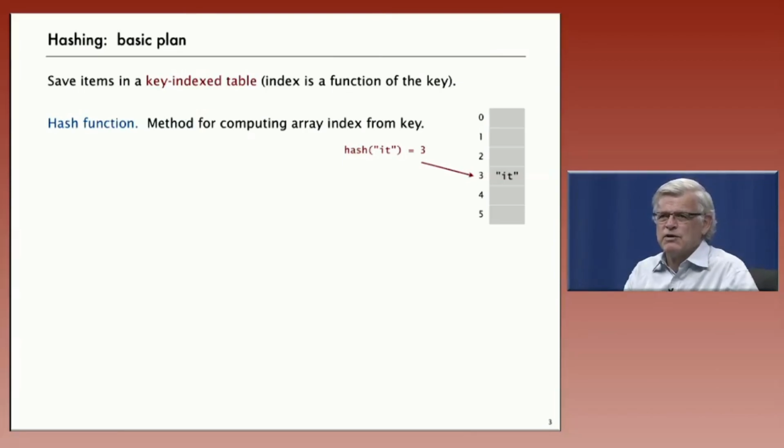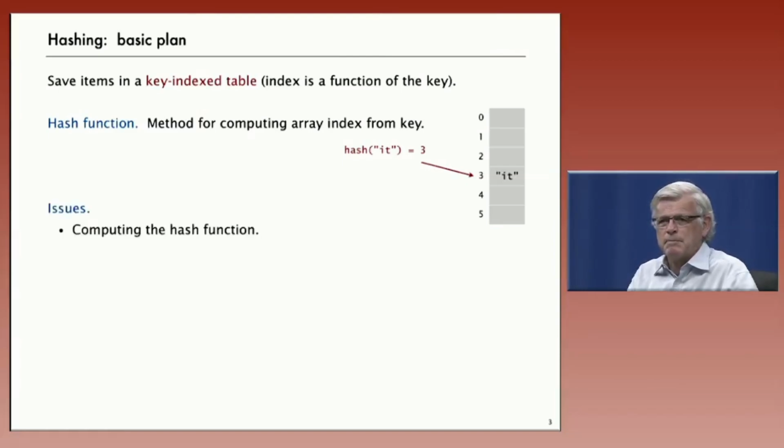And what we do is use a function known as a hash function that takes our symbol table key and reduces it to an integer, an array index. And we use that array index to store the key and the value in an array, maybe the value in a parallel array.